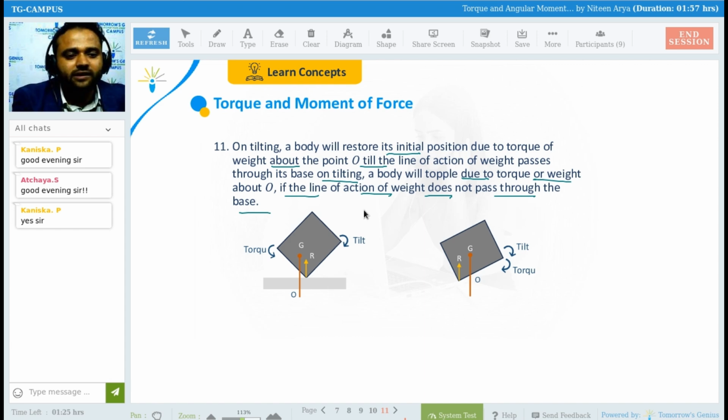Clear? Whenever we transport any heavy object from one position to another, we generally hold it with 2 or 3 people. We generally don't lift it too high, because it is going to topple and fall down.